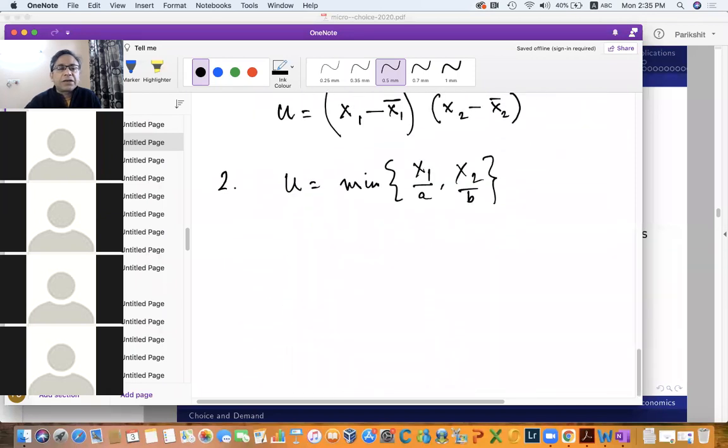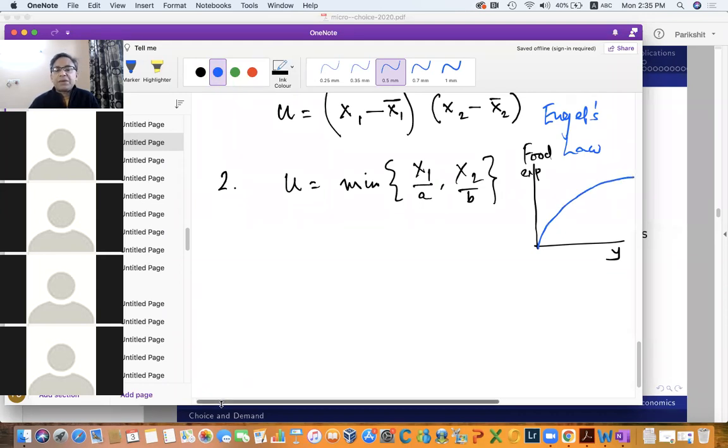So Engel's Law is a sort of stylized empirical law which says that if I draw a picture, as a function of income, the expenditure on food looks concave. So it kind of increases, maybe even asymptotes out.